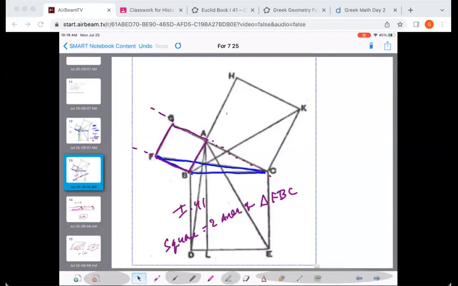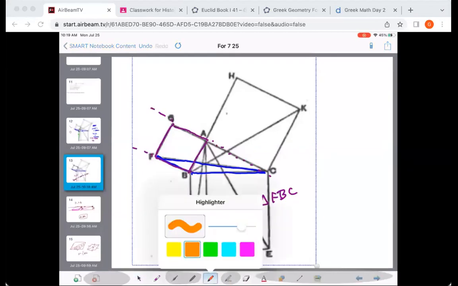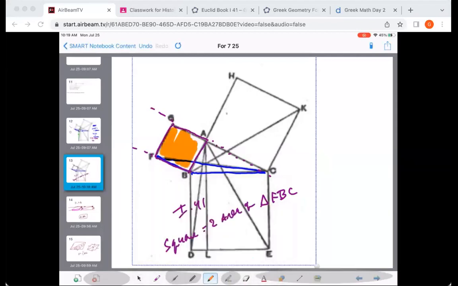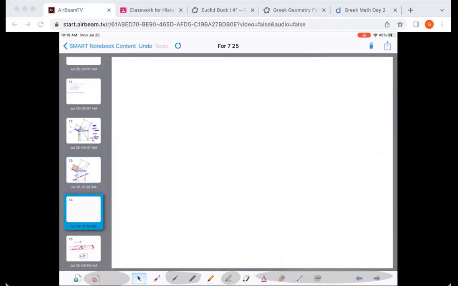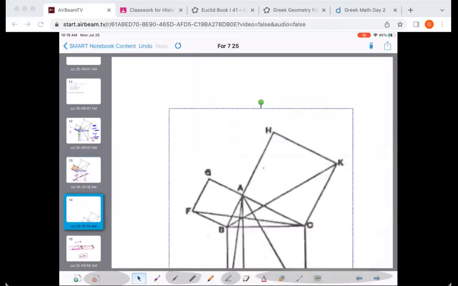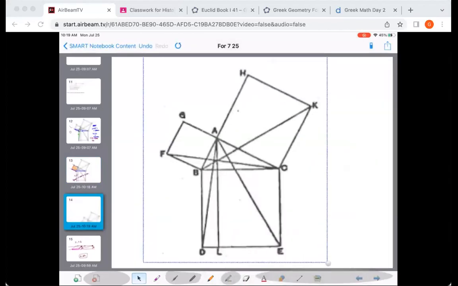So now we know something about this square. So that triangle has an area of 4.5, right? Because the area of the square. No, at this point we don't know the lengths. It's all kind of generic.